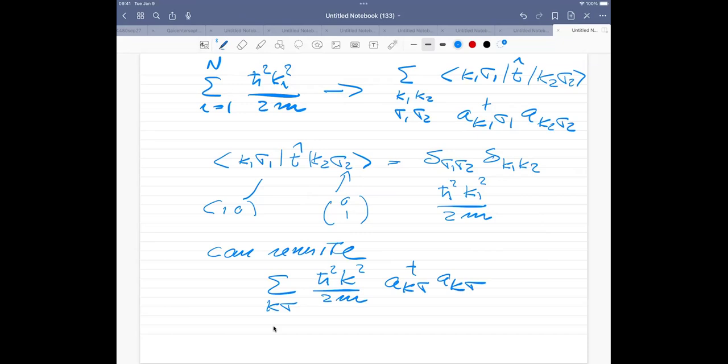When I'm going to calculate expectation values, I will obviously change this sum to an integral. If we look at this specific term, we can rewrite it because it has two spin degrees of freedom, either spin up or spin down, and there is no term which involves spin in the Hamiltonian. So I can rewrite this as a sum over k of h-bar squared k squared divided by 2m of a_k, and I can leave out the spin degrees of freedom, simply summing over them.